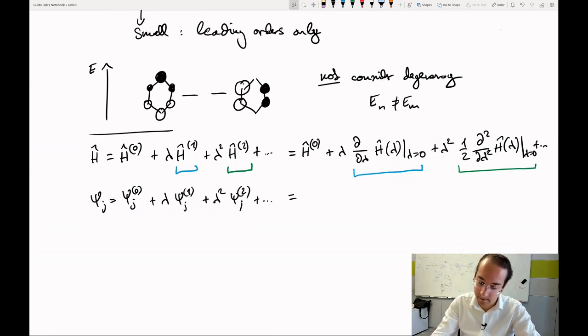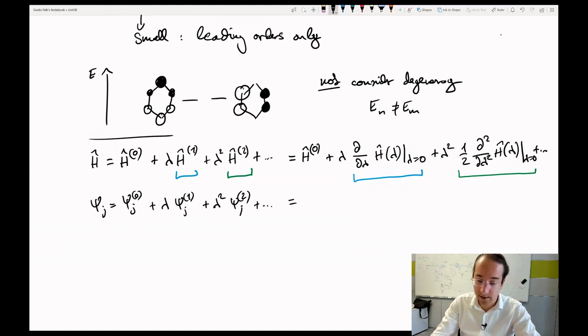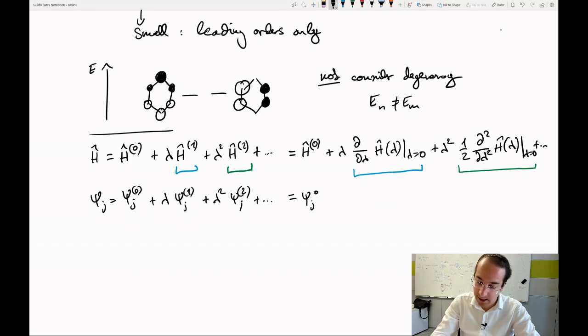So correspondingly, you can look at the Taylor expansion picture, and in that picture you can do the same expansion. What you will then get is the wave function psi j, its derivative at lambda equals 0, lambda squared, exactly the same expression, now for psi j.